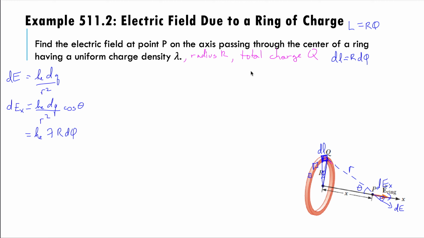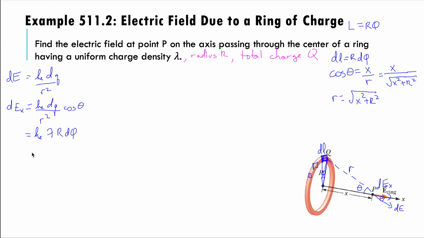So just like in the previous problem, we can write cosine of theta as being equal to adjacent over hypotenuse, and the r is the hypotenuse, so square root of x squared plus r squared. So we can go ahead and rewrite cosine as x over square root of x squared plus r squared.